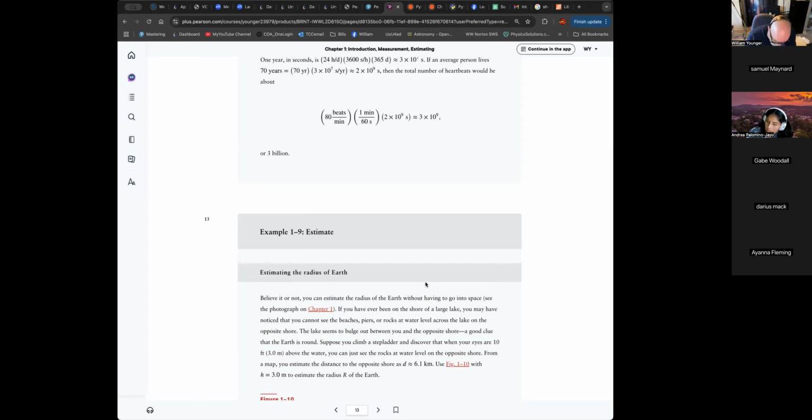So that's what we're looking at. So we look at h equal to 3.0 meters, and we look at an L equal to 6.1 kilometers. Now I'm going to draw what we mean by that. So I'm going to show a section of the Earth. And what we're looking at here is we're imagining a pond or a lake, something like that, right here.